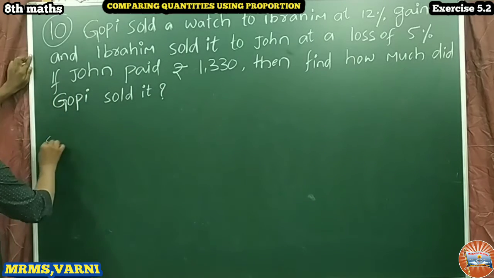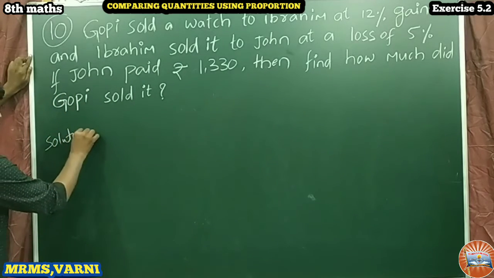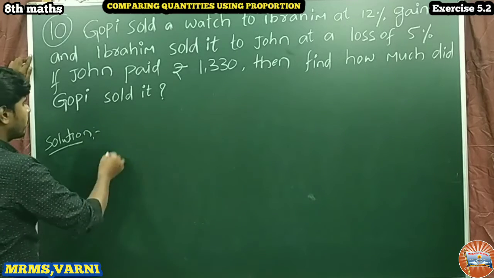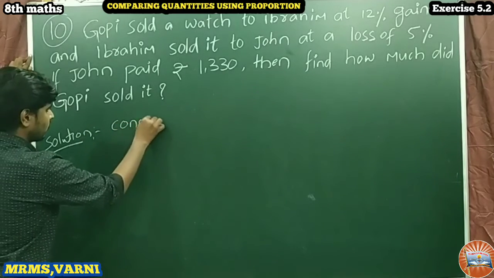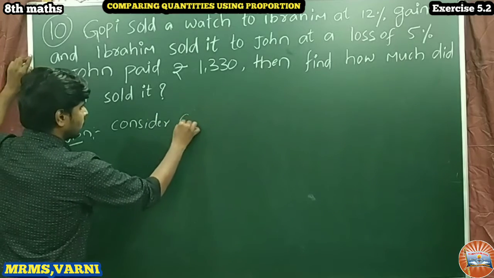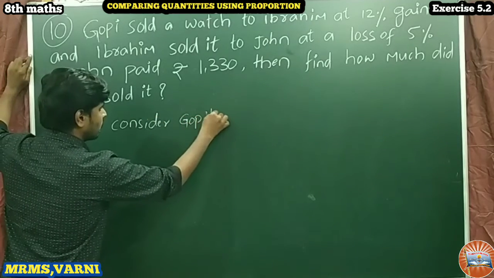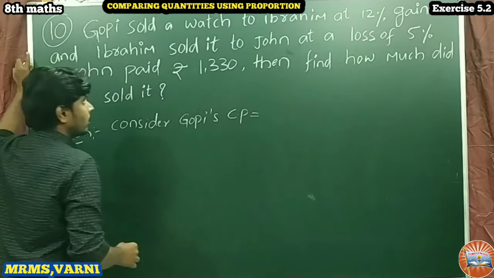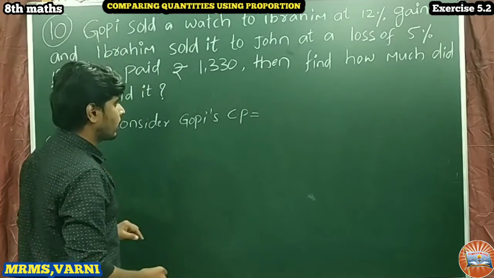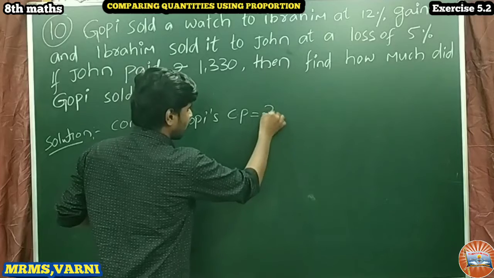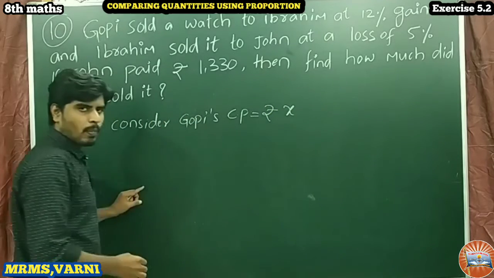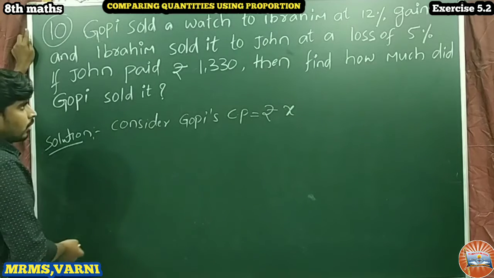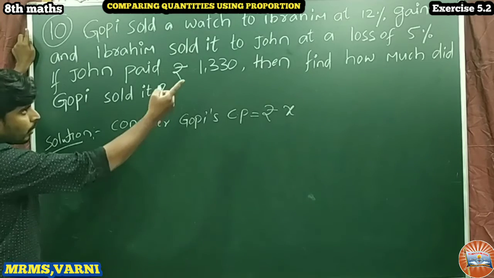So let us write what is given here. Before going to that, consider Gopi's cost price. Here we don't have the cost price of Gopi. Let us consider it is rupees X. Gopi got 12% gain here.